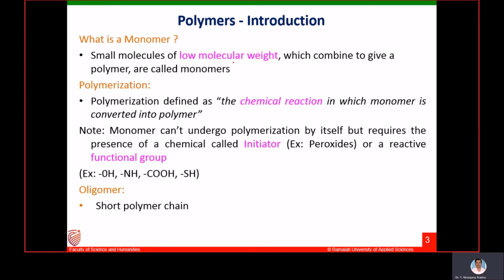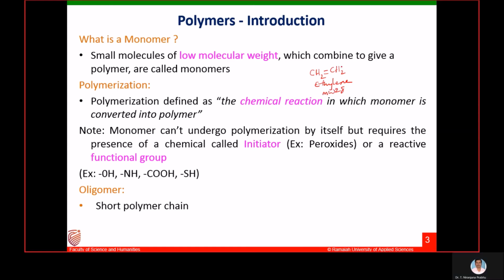I used the word monomer. A monomer is a small molecule of low molecular weight which combines to give a polymer. A simple example I'll take is CH2=CH2. This is the ethylene monomer, with molecular weight 28.